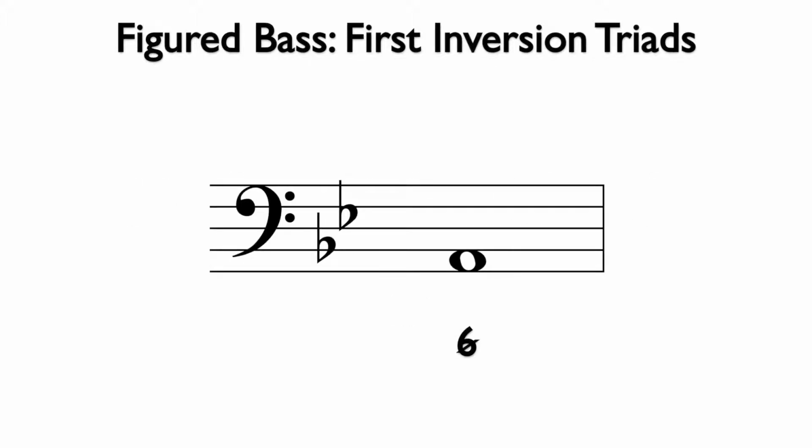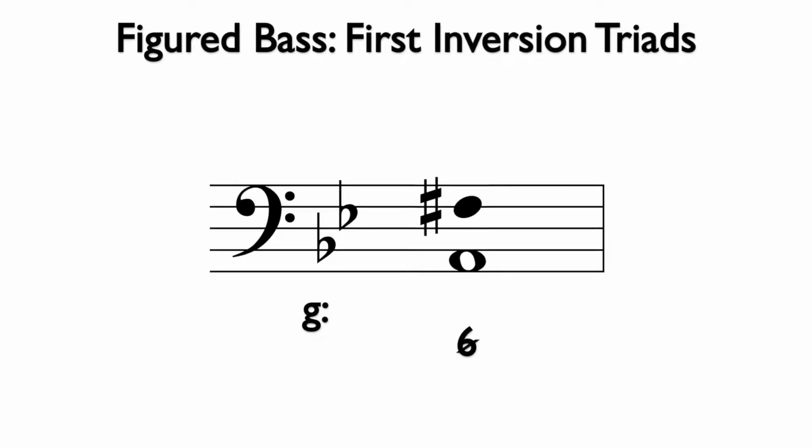Here we have an A in the bass in the key of G minor, with a 6 with a slash through it as the figure. This means to raise the interval of a 6 above the bass by a half step. Using the intervals implied by the figure, we have F as a sixth above A, and the slash indicates to raise that note by a half step, which makes it F sharp.